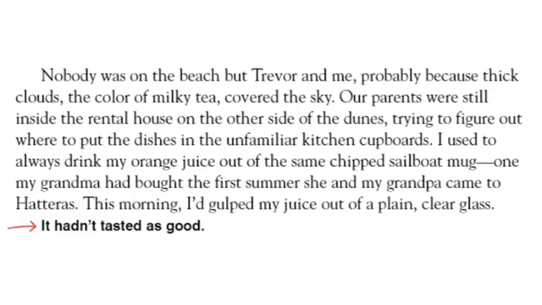The main character is continuing to tell us about the changes she is unhappy about during this year's vacation. It seems like they are staying in a new rental place. I know this because the kitchen is described as unfamiliar.